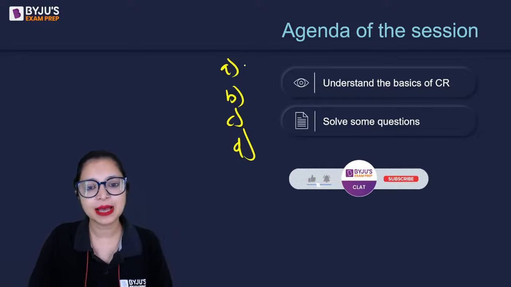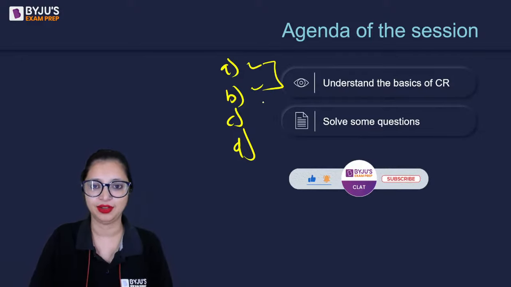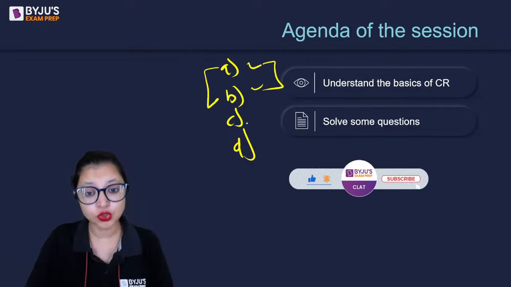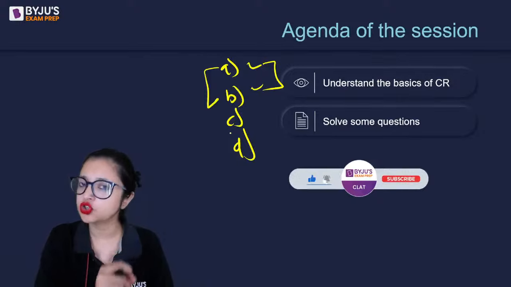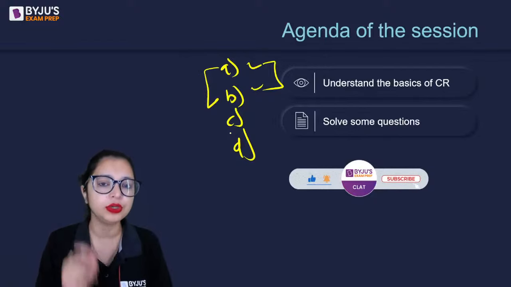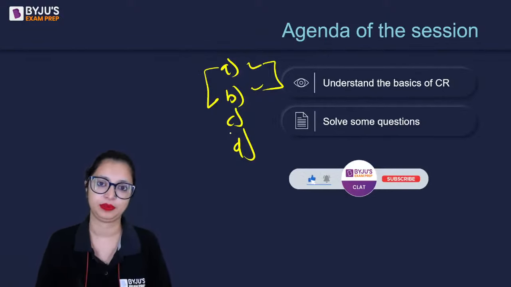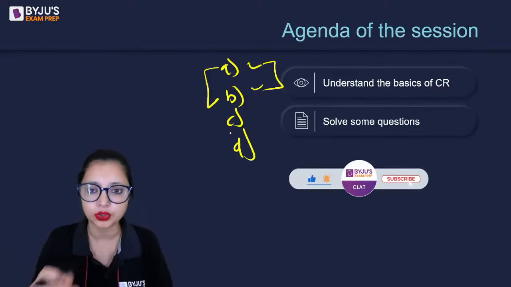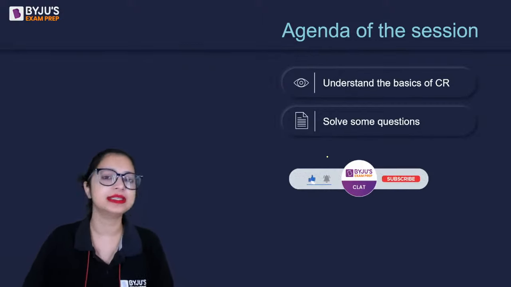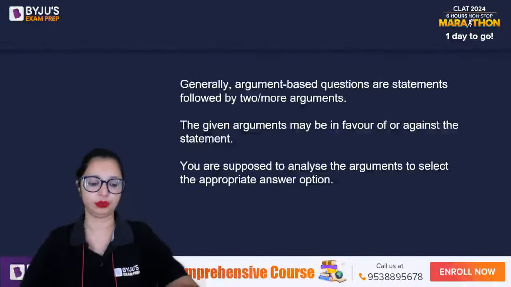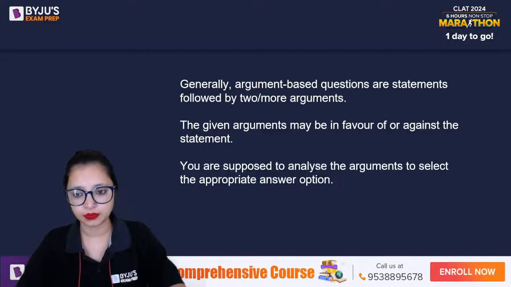Out of the 4, it seems to you that A and B both strengthen. Between these two, you will have to choose an argument that's stronger than the other. So to choose it, you should be able to identify which argument is strong and which is weak, which is what we're going to be doing in the class today. So we'll try to analyze which argument is strong, which argument is not strongly put. If you look at direct questions of strong and weak arguments, how they come in the exam, first understand the question, okay, and then we will understand the approach.